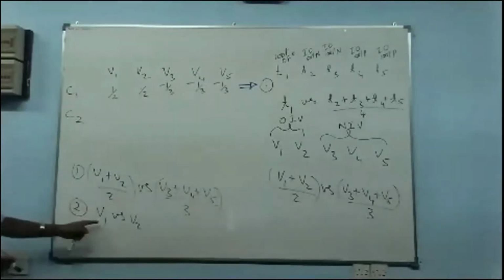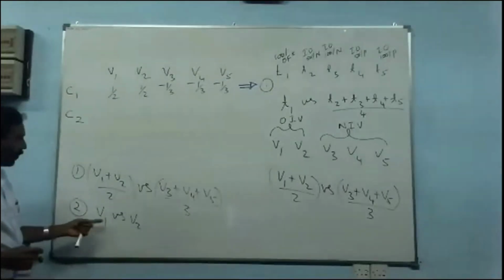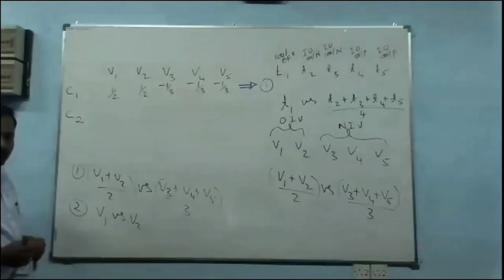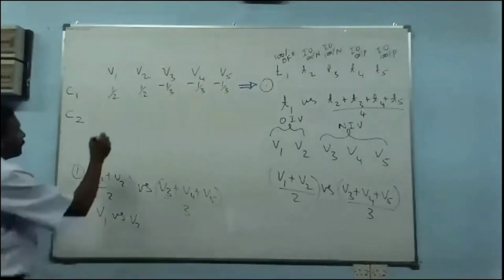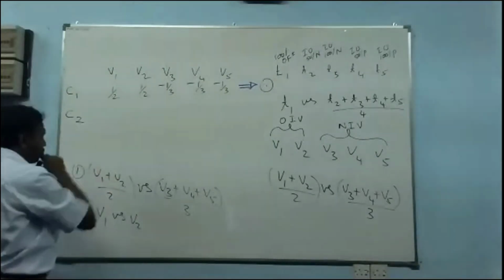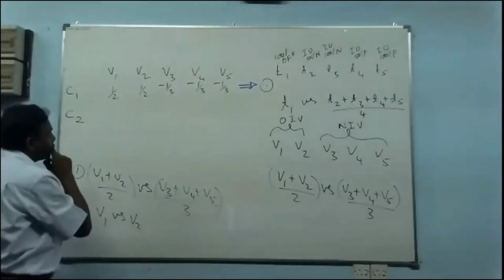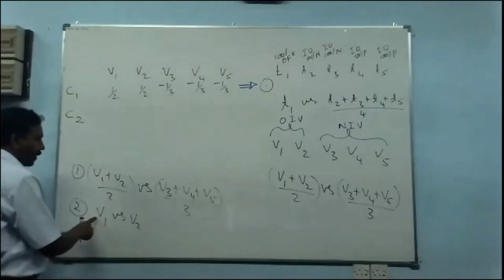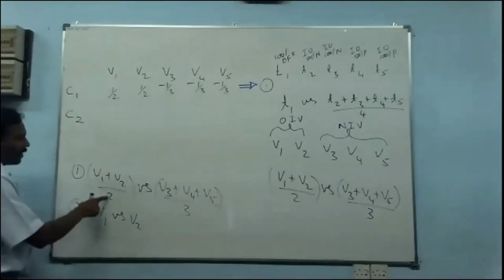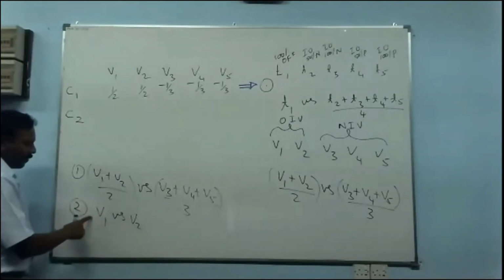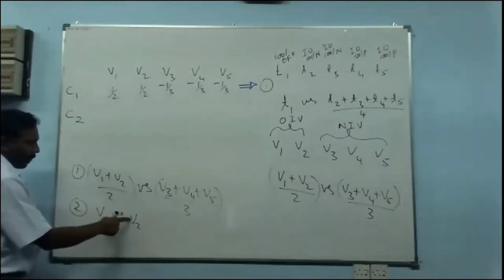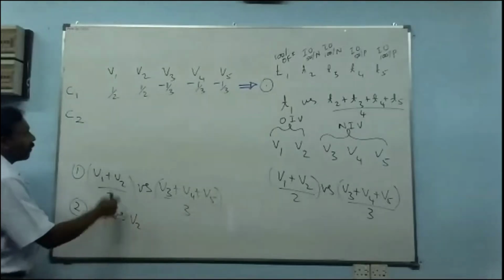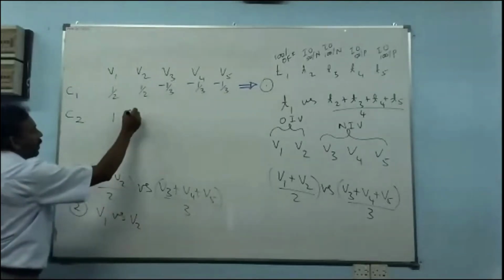Can you tell me what is the coefficient for V1, V2? Earlier for V1 it was half. What is the coefficient now? One, minus one.